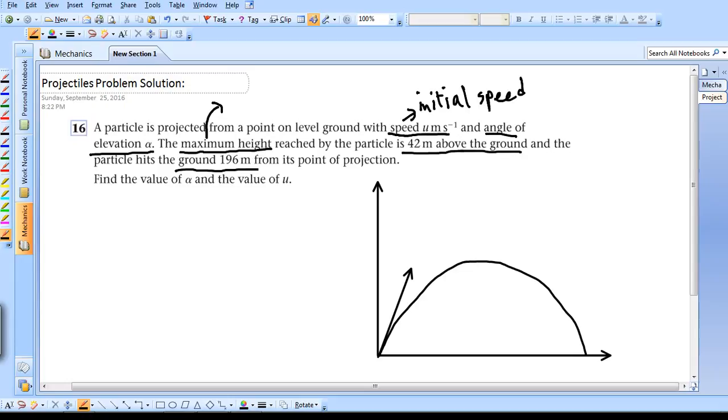So this maximum height, which is above the ground, is the vertical displacement. And the particle hits the ground from its point of projection; this is the horizontal displacement.